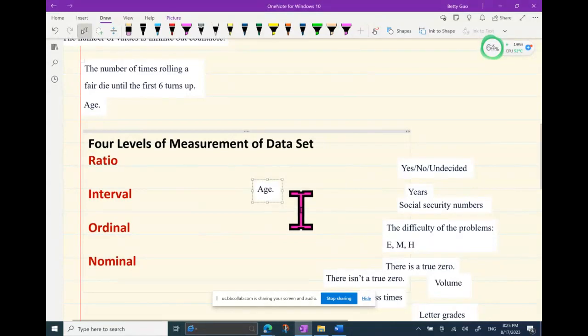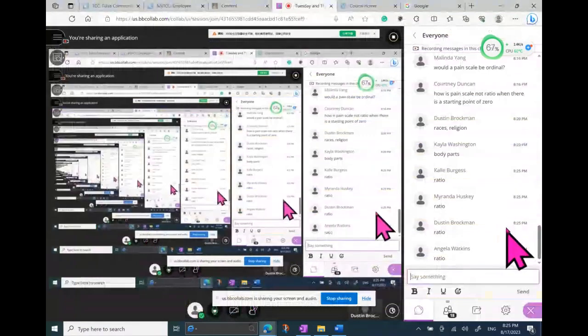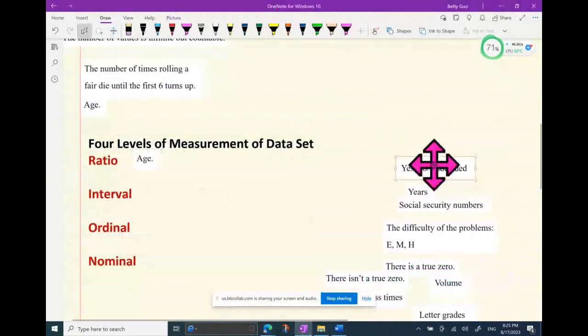Either you count the moment the baby is born as 0, or you count when the baby forms in the uterus, right? So it has a natural starting point. So yes, it is ratio. Awesome, very good, perfect.